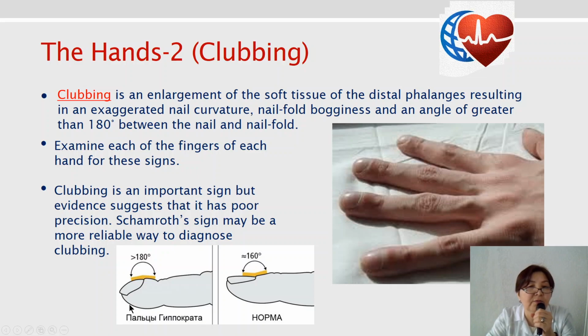Examine each of the fingers of each hand for these signs. Clubbing is an important sign, but evidence suggests that it has poor precision. Schamroth's sign may be a more reliable way to diagnose clubbing.